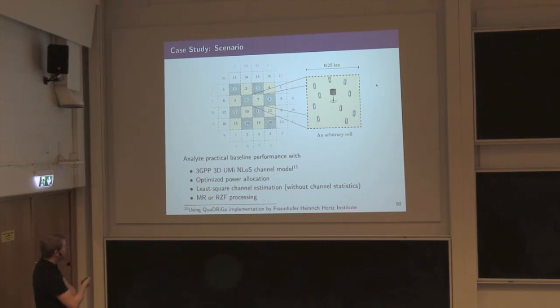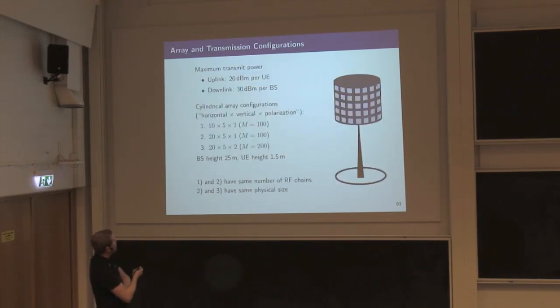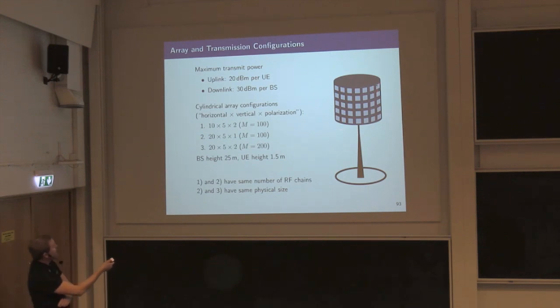I used maximum ratio or regularized zero forcing processing. I put a cylindrical array with 100 or 200 antennas. If I have 100 antennas, I can either have 10 antennas around and 5 different levels and 2 different polarizations, so on each antenna location I've cross-polarized them.